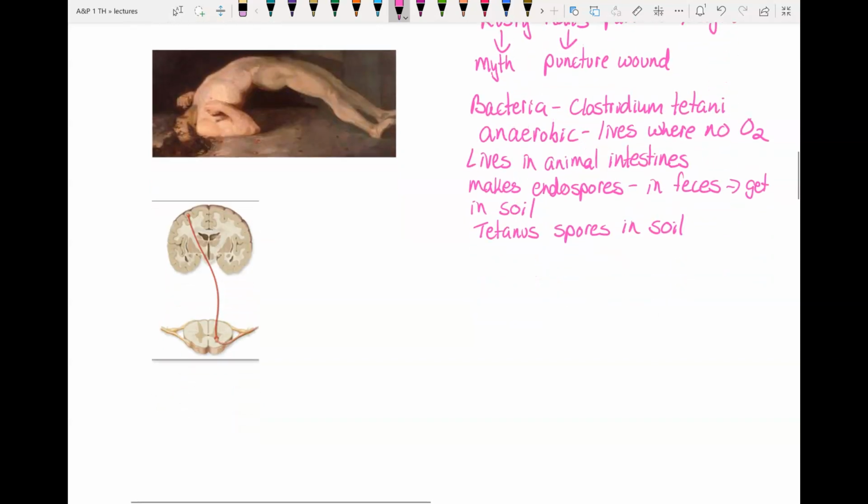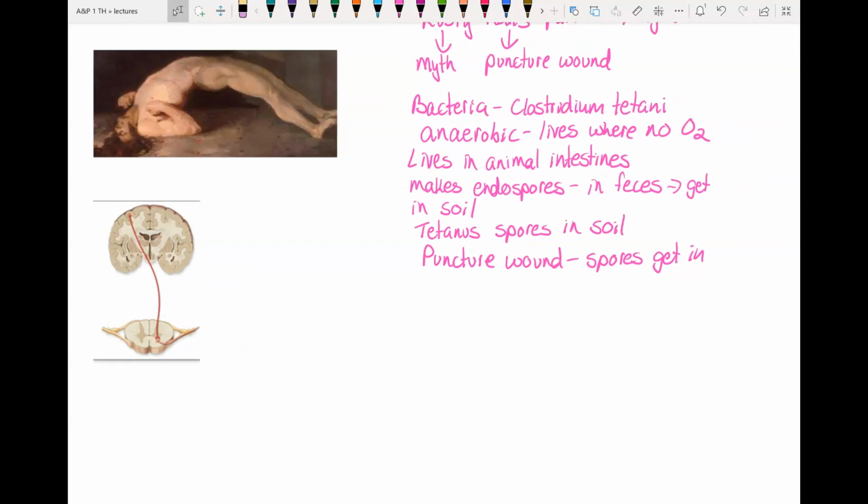If you get a puncture wound, and those spores get in it. One of the riskiest things you could do to get tetanus would be to be in a place where there's horse manure and get a puncture wound. That's your highest chance of tetanus, a puncture wound near horse manure. There's no oxygen in a puncture wound. So a scratch is less risk of tetanus because there's oxygen there.